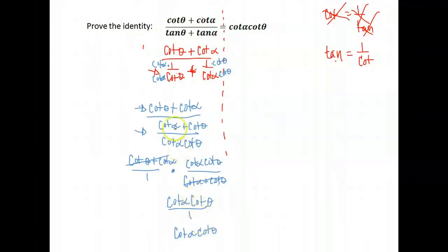Okay, so I started at the top, changed everything to cotangents, and then it was just a matter of simplifying my fractions till I come out at the bottom. Notice my left hand side now looks exactly like my right hand side. Everything I used was absolutely legal, and so this would work for proving the identity.